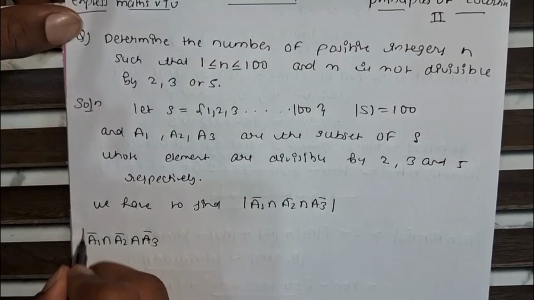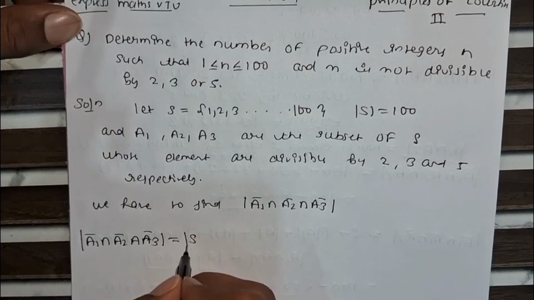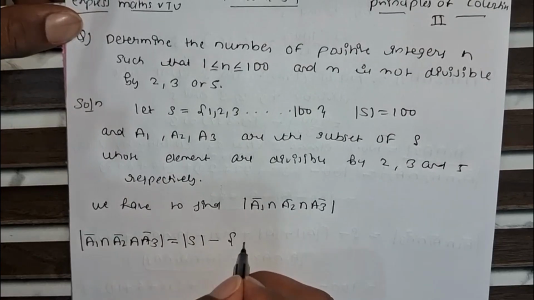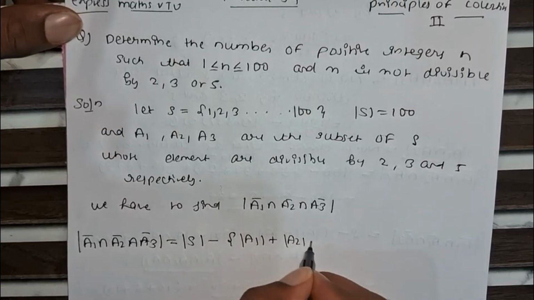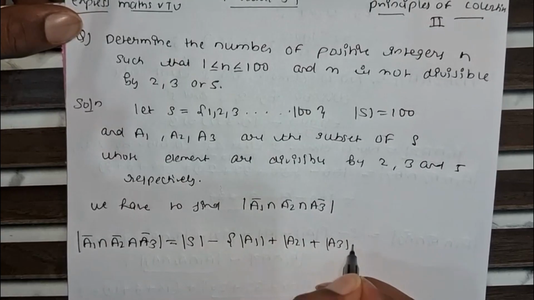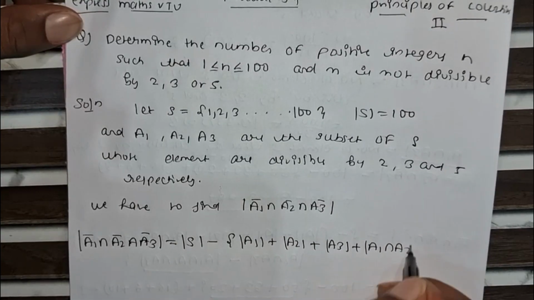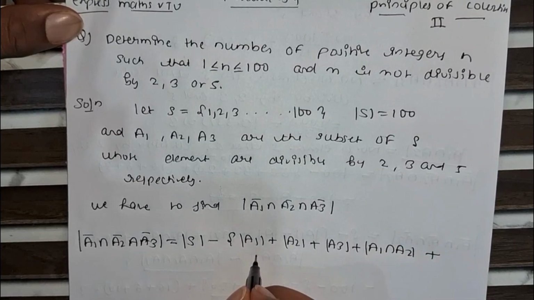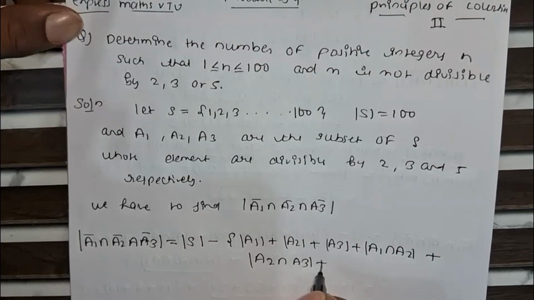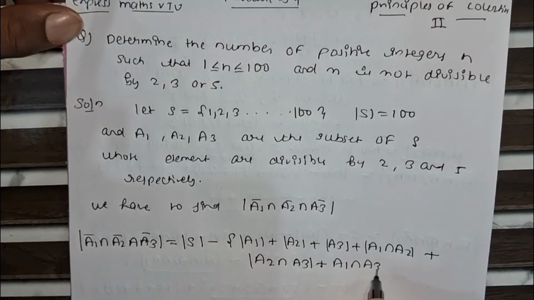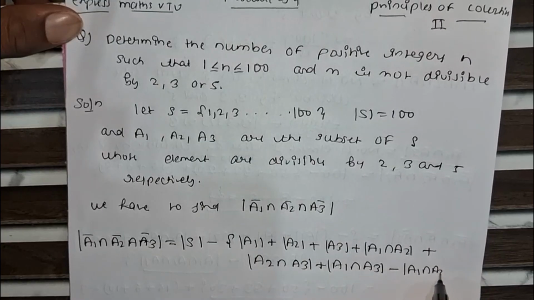A1 bar intersection A2 bar intersection A3 bar equals the total number of integers in the set, minus A1 plus A2 plus A3, plus A1 intersection A2 plus A2 intersection A3 plus A1 intersection A3, minus A1 intersection A2 intersection A3.